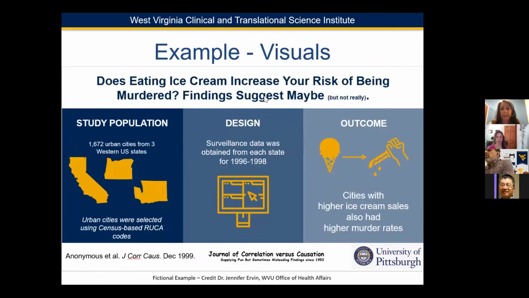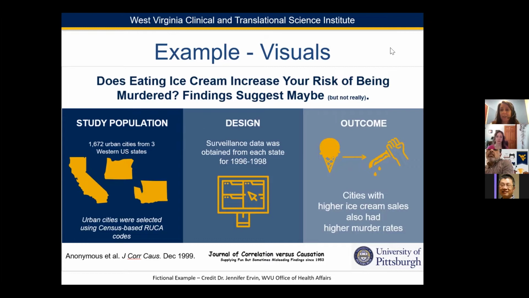So what are some other examples of visuals? Using the icons that were on the last poster, I think, was a very good example. You can also present your data with different types of visuals. Credit to Dr. Jen Irvin, who did this fictional example, but she uses this to indicate what the study population, the design, and the outcome for the study were, all in just one section of the poster.